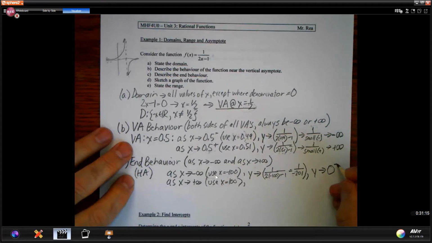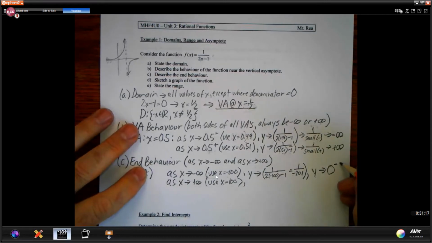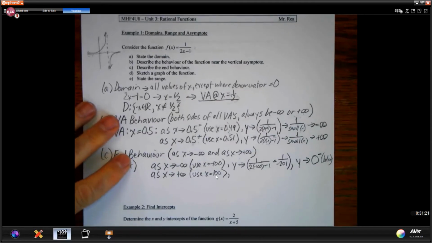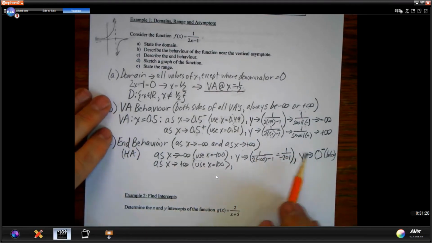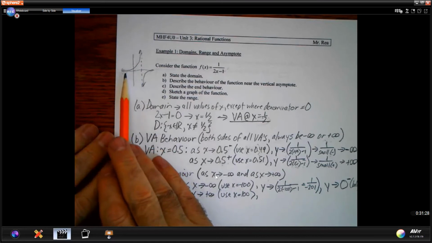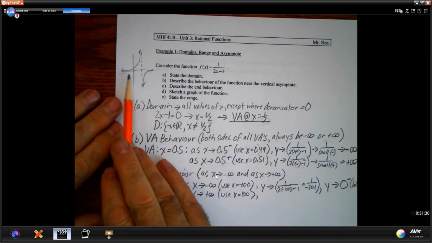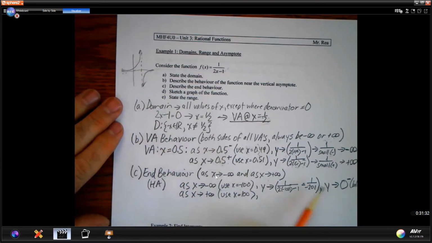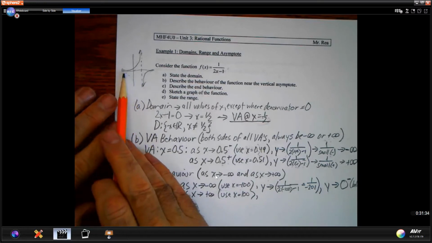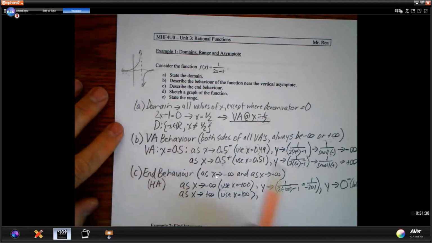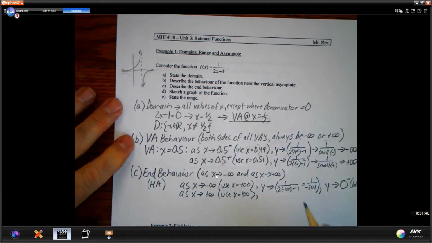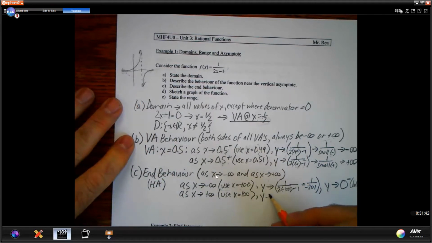So I'm going to put a little negative sign there, and that really means it's coming from below. Okay, try to squeeze that in. So we know out on this end of the graph, as we get further and further to the left, our graph is coming up from below and approaching 0.